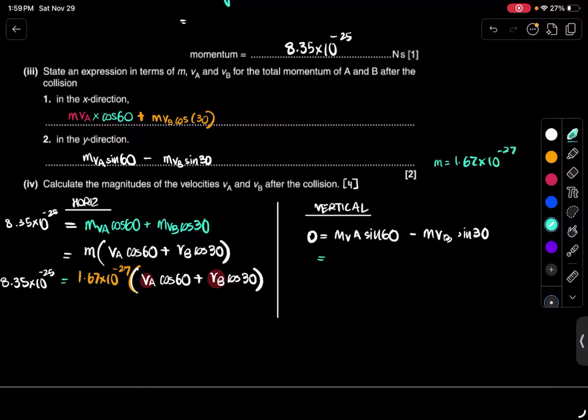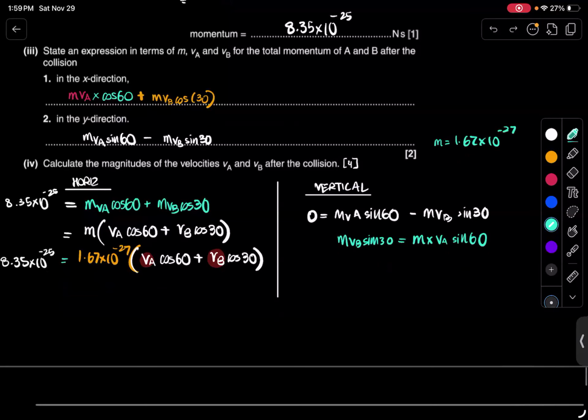In fact, let's just not write it down, it's going to be too long. M into VA sine 60 is going to be equal to M into VB sine 30, right? Because I just took that to the other side.